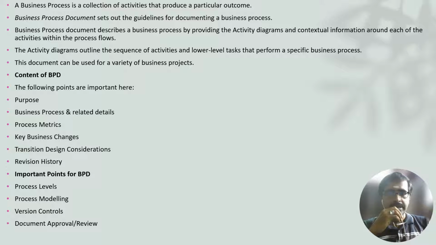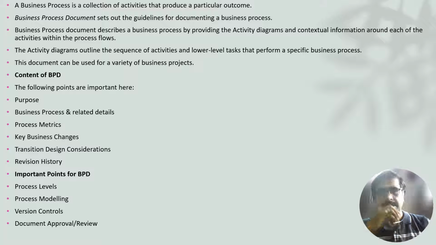And then transition design considerations. What objects or what processes are to be transitioned? You need to document it and design it based on the recommendations from the business user or business aids, whatever it may be. You need to always keep in touch with the stakeholders to get the input, right?